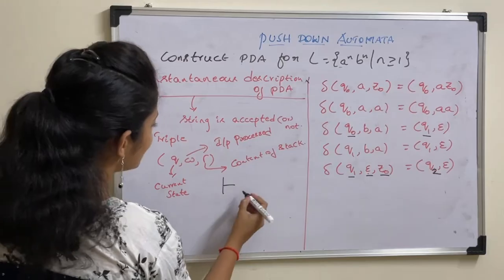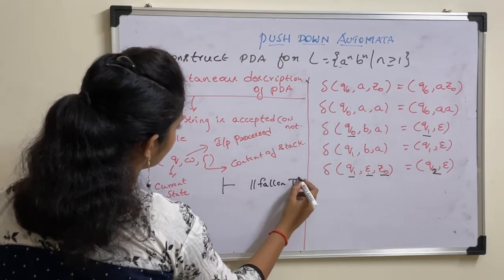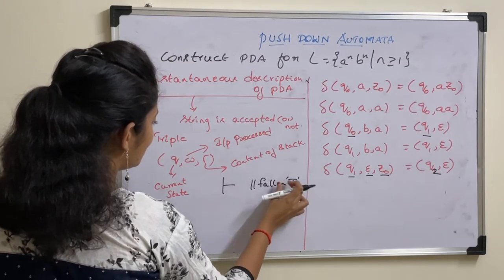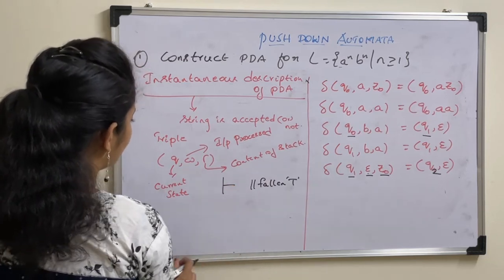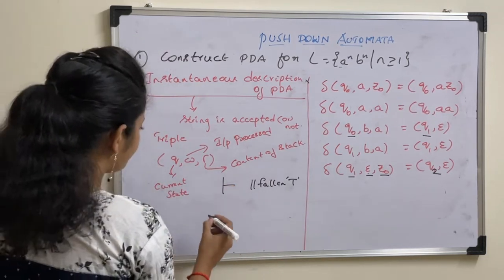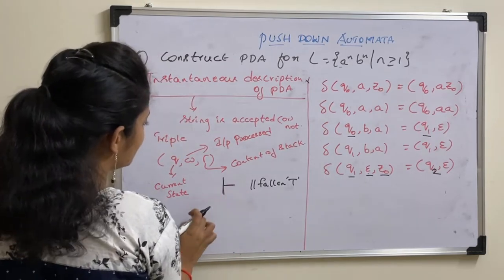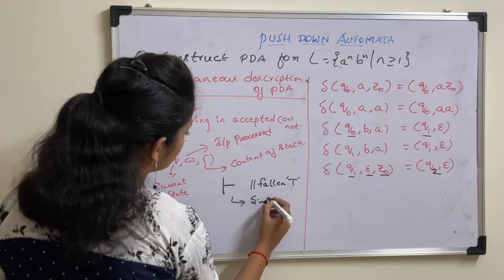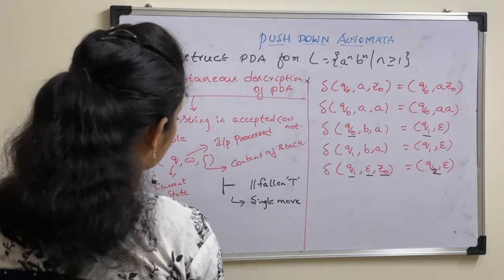This symbol we call the turnstile. If you observe, this is represented in this way. If you have only a single turnstile like this, then it indicates a single move, only a single transition function.